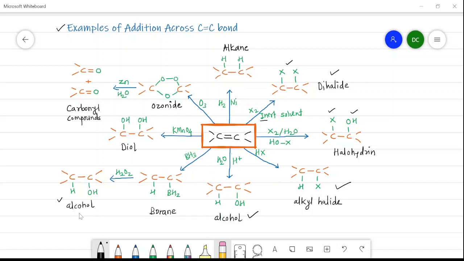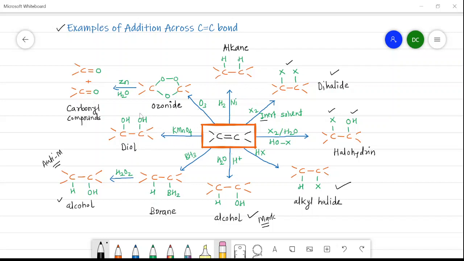But the difference between these two alcohols is that this alcohol is obtained according to the anti-Markovnikov addition, whereas this alcohol is obtained by the Markovnikov rule. The next reaction is the hydroxylation process, where alkene is treated with potassium permanganate.